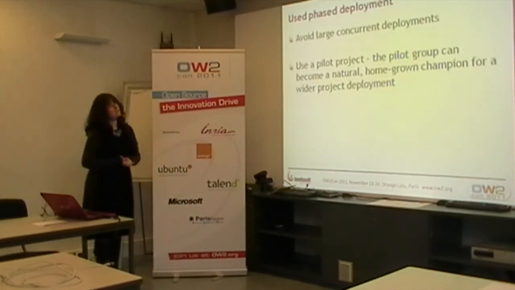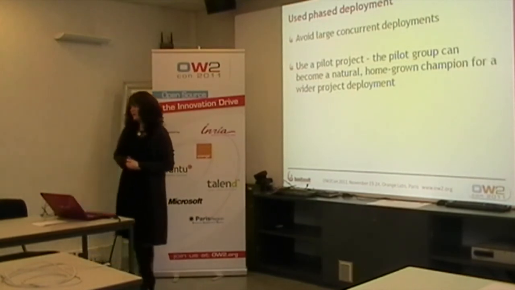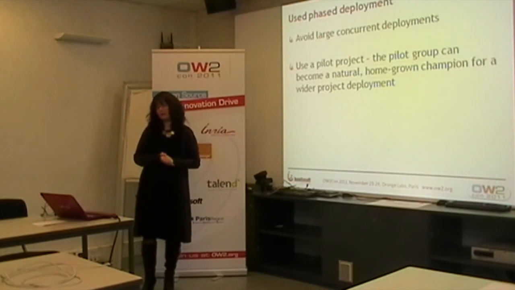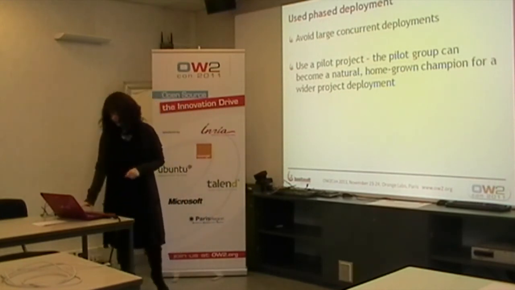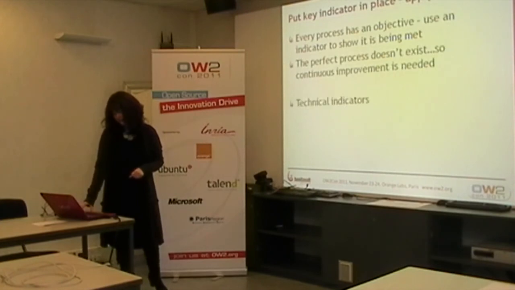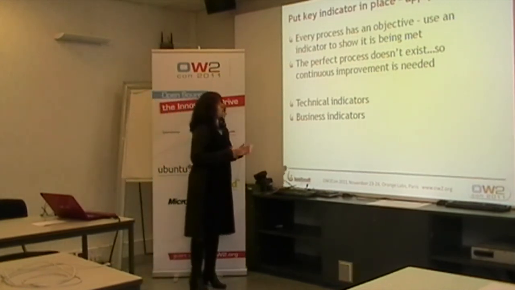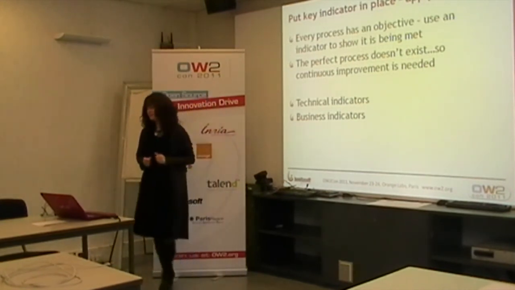Then use phased deployment to ensure that we get where we need to go, getting onboarding from everyone on the project team and on the technical team. And last but not least, apply metrics to ensure that all the metrics are right for what we need to achieve.